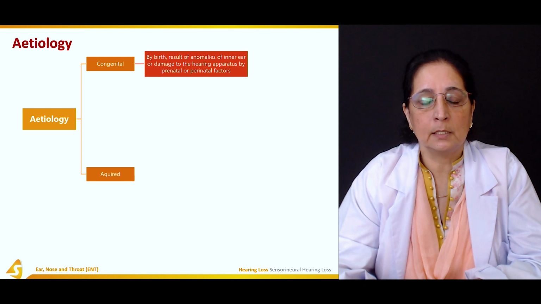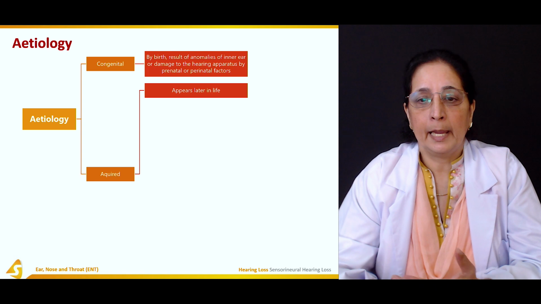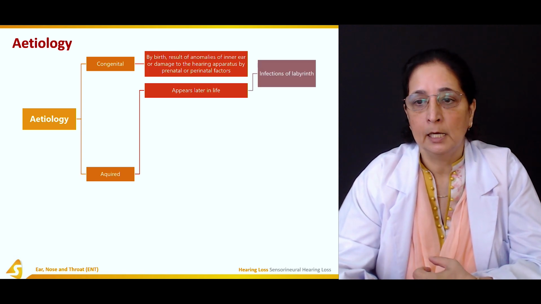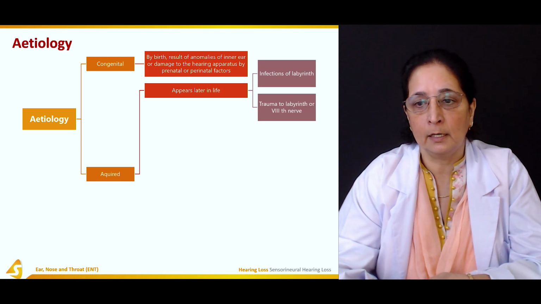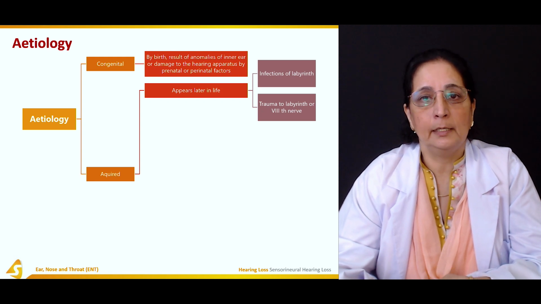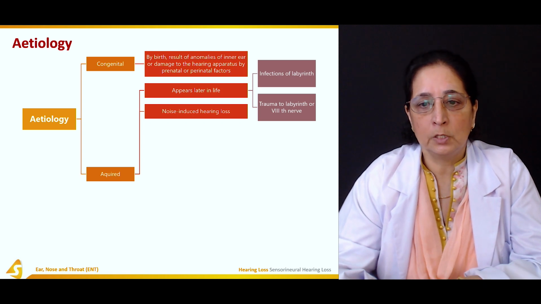Acquired causes of sensorineural hearing loss can appear later in life. They are not congenital, usually infections of the labyrinth or inner ear, or trauma to the labyrinth or eighth cranial nerve. It may be due to noise-induced hearing loss.